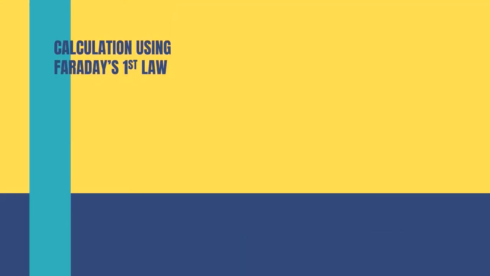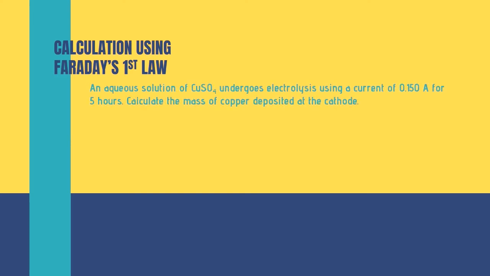The following shows an example of calculation solved using Faraday's first law. In order to solve this question, first step that students need to do is to calculate the amount of charge that flows through the electrolysis.